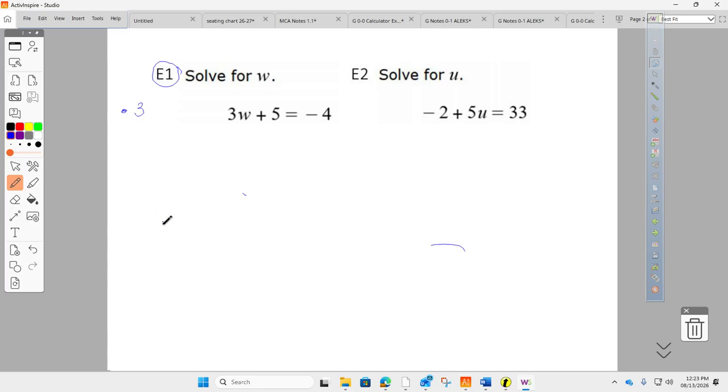What else is happening to this W? We're adding 5, right? So we need to undo multiplying by 3, and we need to undo adding 5. How do we undo multiplying by 3? We divide by whatever we multiply. In this case, it's 3, right? How do we undo adding 5?